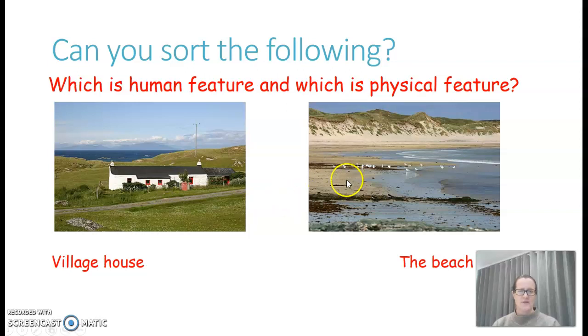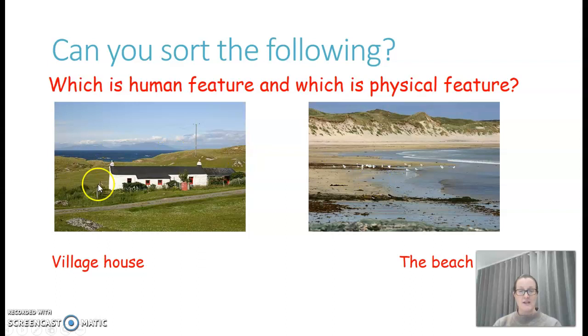And then the next one is the beach. Is that a human feature, made by man, or is it a physical feature, naturally occurring? Have a little think and maybe talk to the adult or sibling that's with you. What do you think?